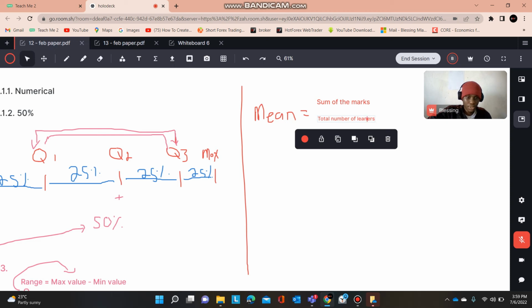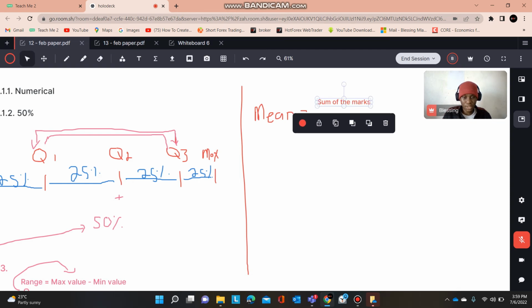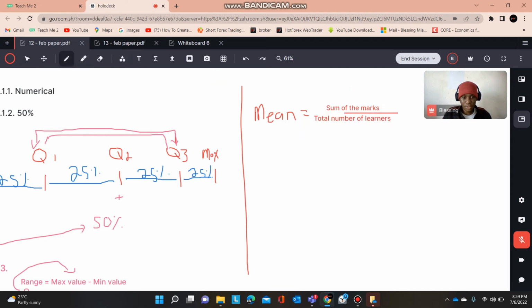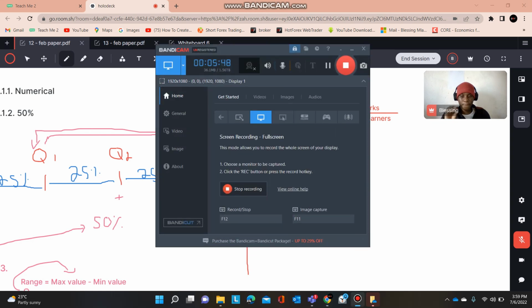Yeah, total number of learners. So that's how we calculate the mean, right? Just put it here and draw a line here like this. So the sum of the marks divided by the total number of learners, that's how you get your mean.